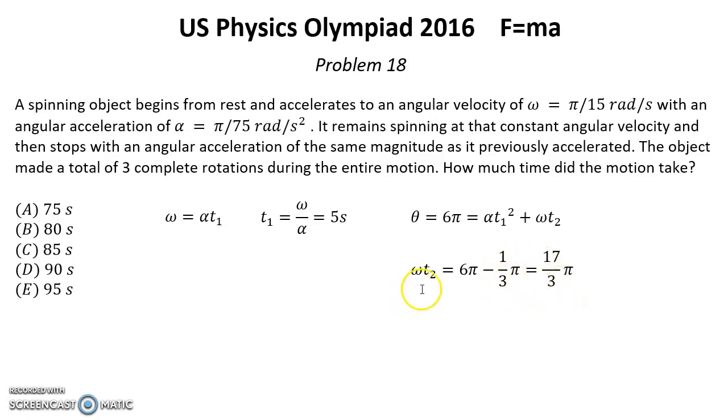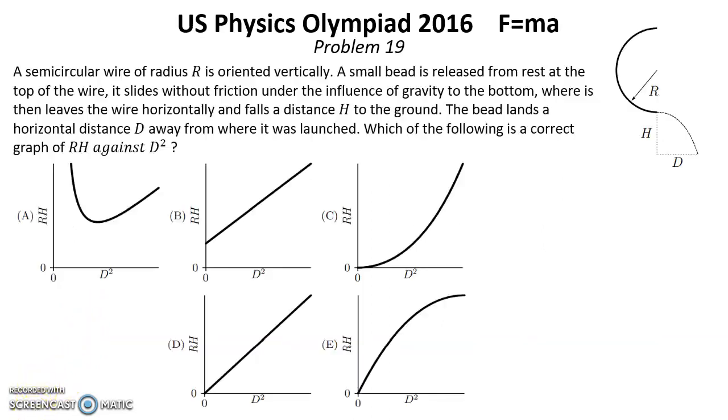And from here we can find that t2 equals 85 seconds. And total time t equals twice t1 plus t2, which is 95 seconds. That's the answer E. This is the solution for problem number 18.